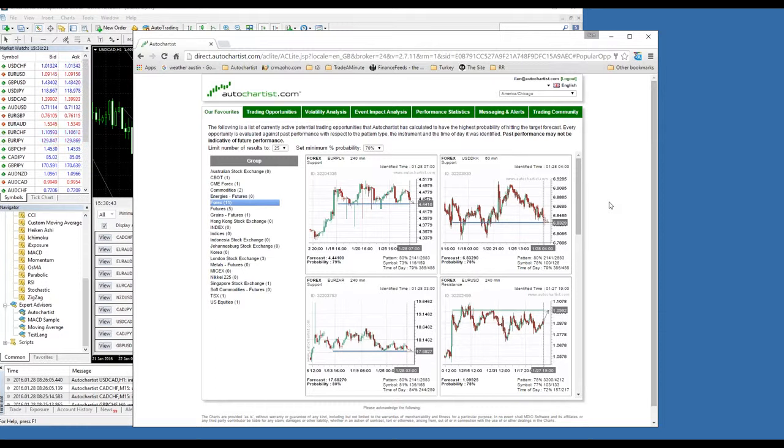If you read about the theory of chart patterns and support and resistance, you will read that liquidity and volatility are very important for chart patterns, because chart patterns are based on market psychology.